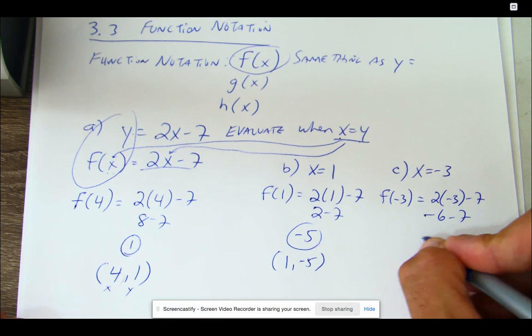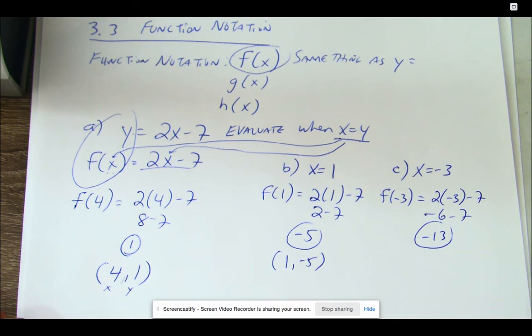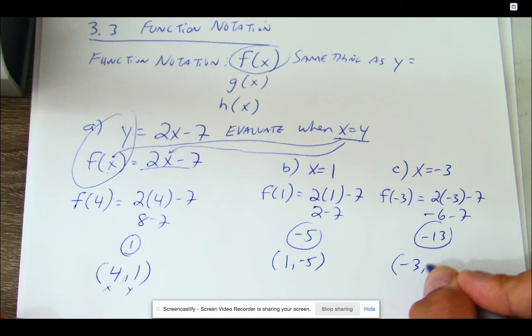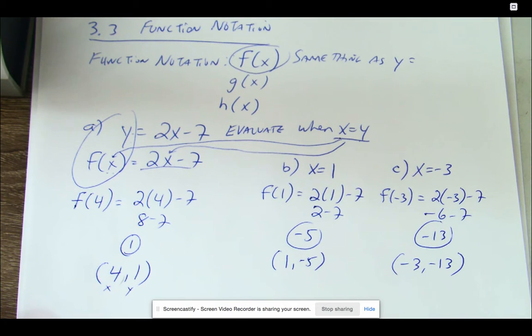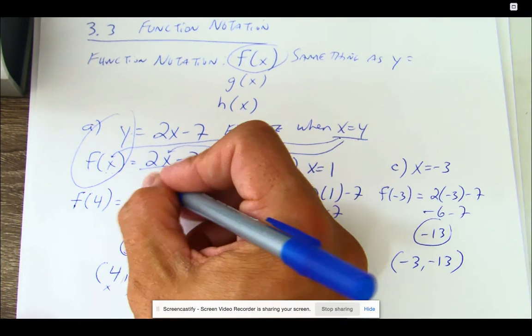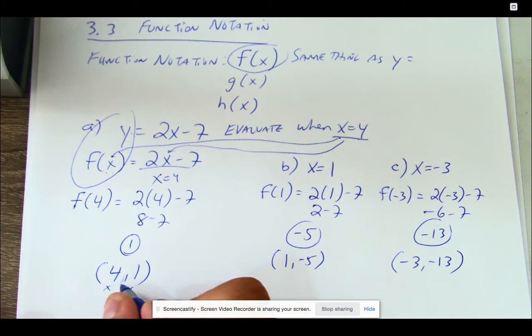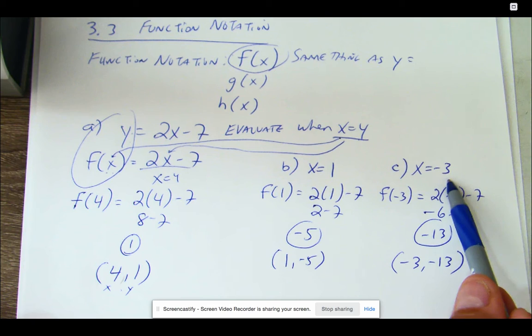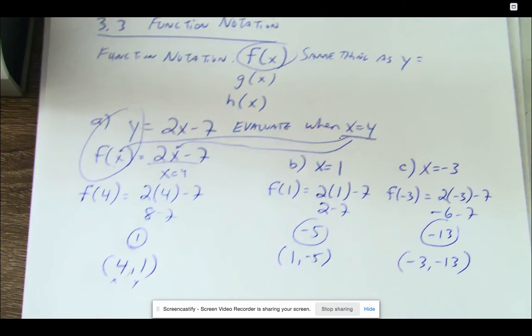And when I put those together, I get negative 13, which gives me that answer. And those are all the solutions: when I plugged in x being 4, when I made x 1, that was my resulting answer, and when I made x negative 3, there was my resulting answer.